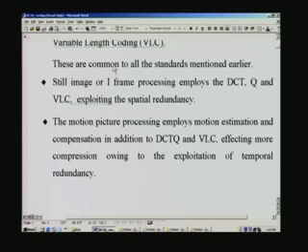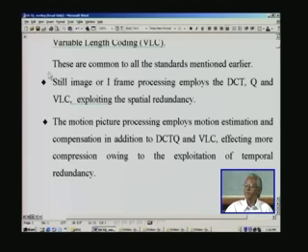All these that bring about the compression are common to all the standards mentioned earlier, namely JPEG through MPEG-2. Any still image, or iframe, is processed block by block using that DCTQ, which we will see in a video encoder block diagram shortly, and out comes the VLC bit stream.